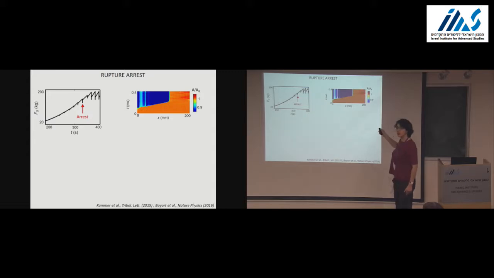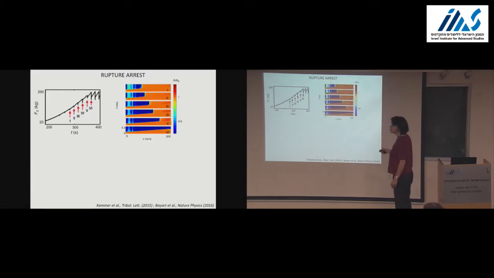And actually, there is no macroscopic sliding associated with this rupture, right? The interface is pinned here. And all these tiny drops of force are associated with a partial rupture. And as the loading, the shear force, is increasing, the rupture is longer and longer until it traverses the interface.